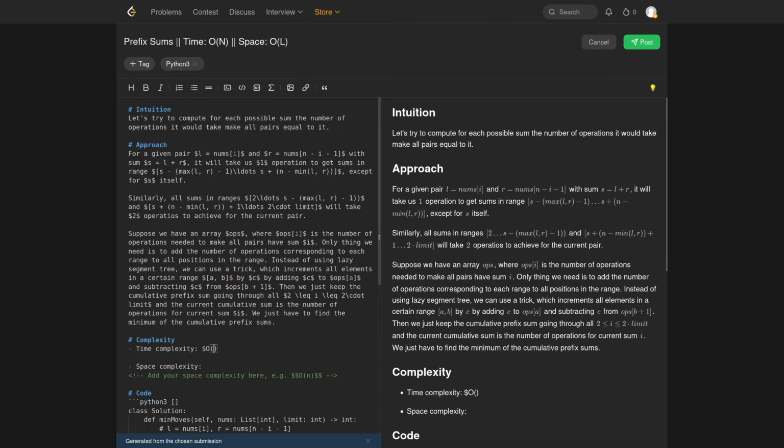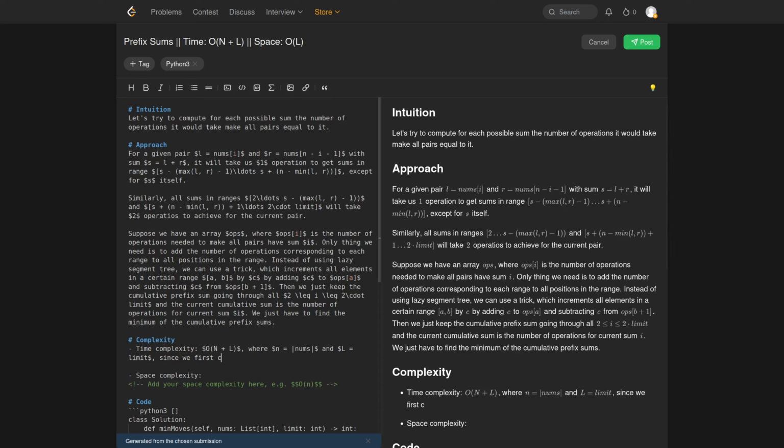Okay, so the complexity is O(n plus limit), where n is the length of nums.